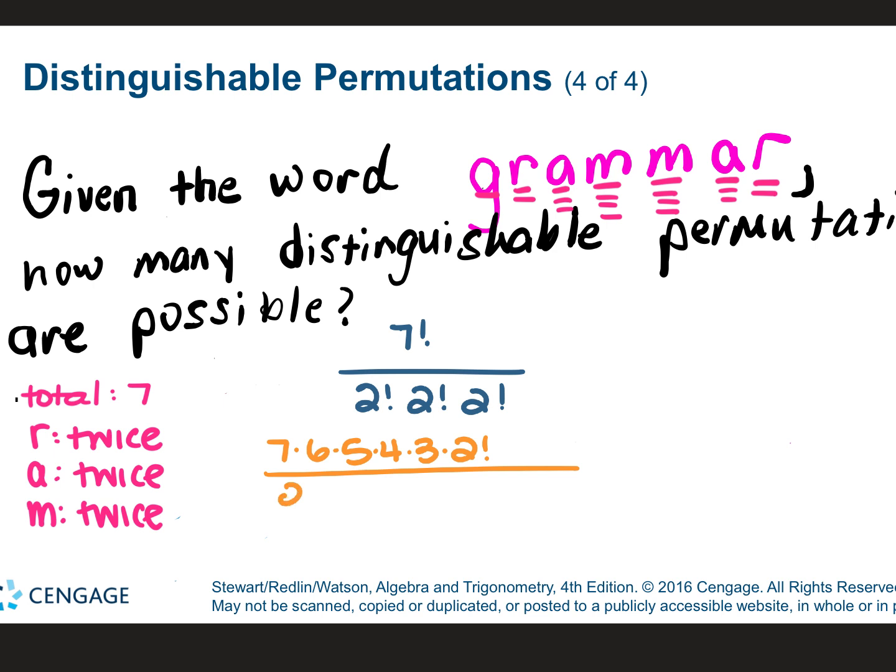On the bottom, you have 2 times 1 times 2 times 1 times 2 times 1. Your 2's can cancel on the top and the bottom. On the top, that's 7 times 6 times 5 times 4 times 3 gives you 2,520. On the bottom, that 2 times 1 times 2 times 1 gives you 4. So dividing these out should leave you with 630.